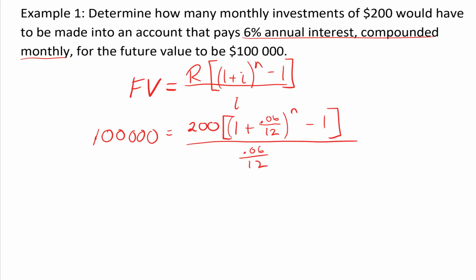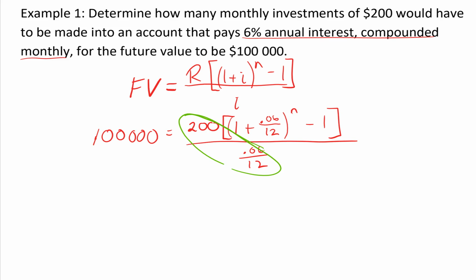Well, I want to try to again peel everything away to get N by itself. So why don't we put this in the calculator right here, and whatever that is, we'll divide both sides by that amount. Okay, so just putting it in my calculator here. You guys can try the same thing.